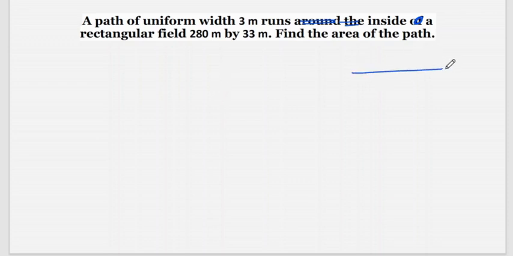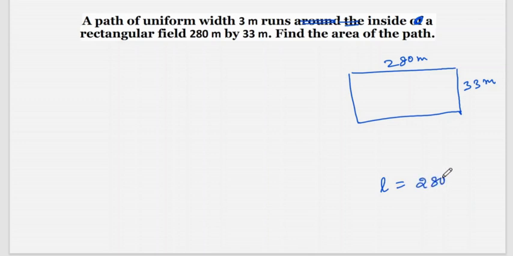Okay, so now I have a rectangular park whose length is given as 280 meter and breadth is given as 33 meter. So now we know the value of L. L is equal to 280 meter and the value of B, that is the breadth of the park, is 33 meter.